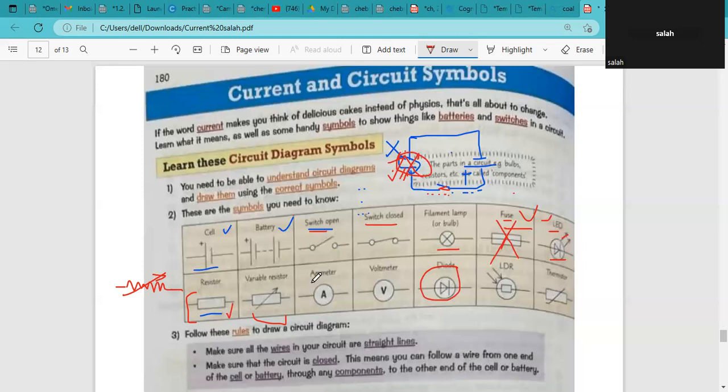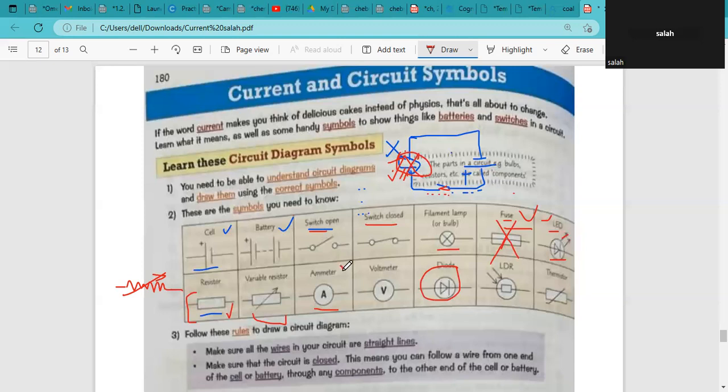So ammeter we have. You know what an ammeter is? Yes, I know what an ammeter is. What's its purpose? It measures the current.